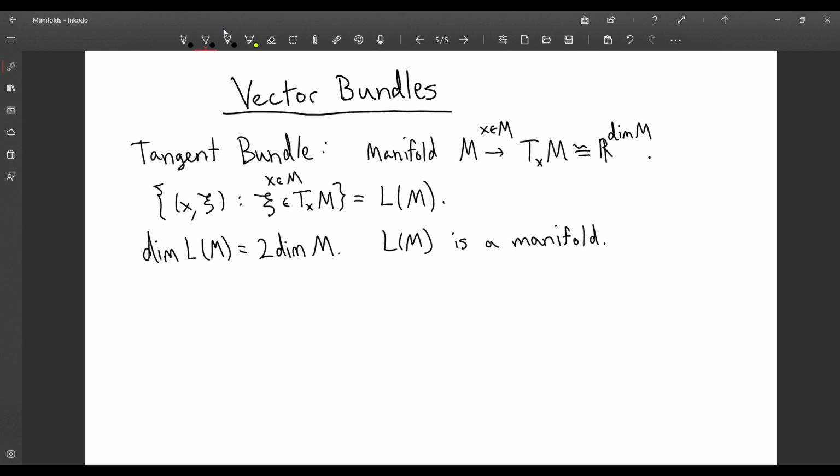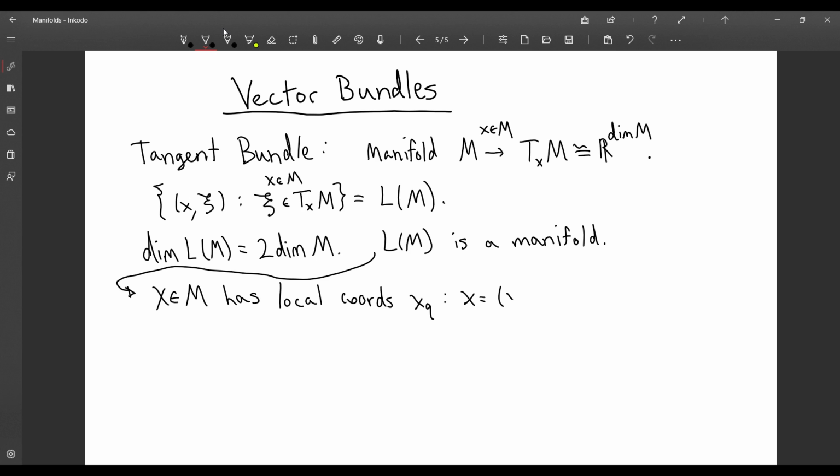And we can show that this statement is true, since x in M has local coordinates, let's say x^q, so x equals x^1 through x^n, where n is the dimension of M. And the tangent space, of course, you don't have local coordinates, you just have global coordinates since it's a vector space.